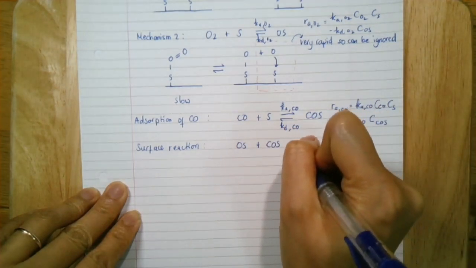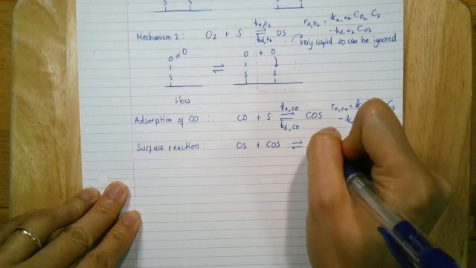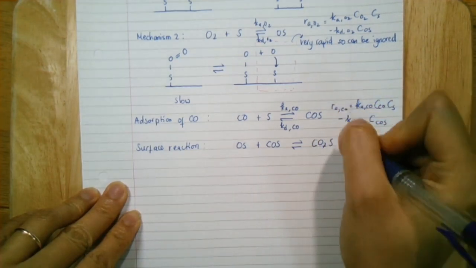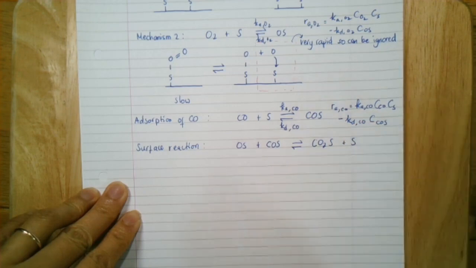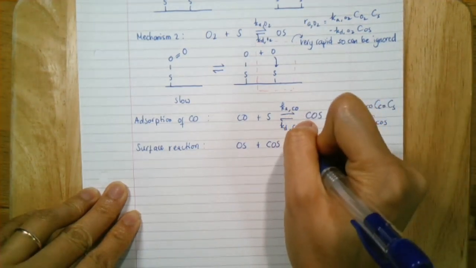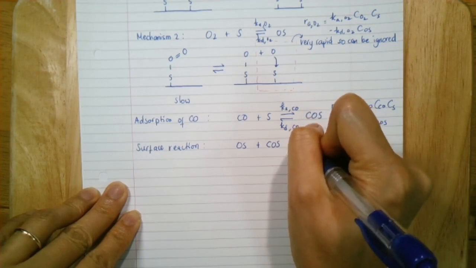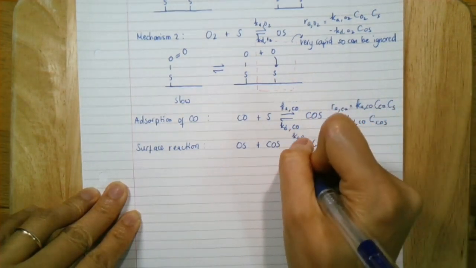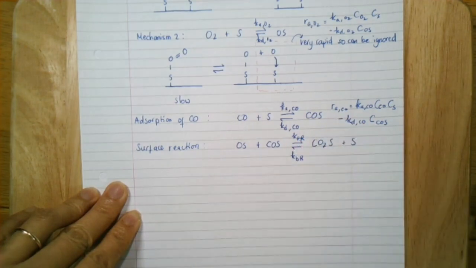This is also a reversible reaction, and CO2S plus S are formed. The rate constant for the forward reaction is KFR, and the rate constant for the backward reaction is KBR.